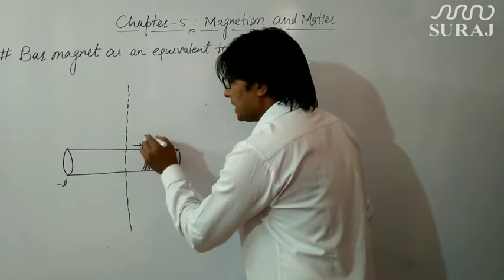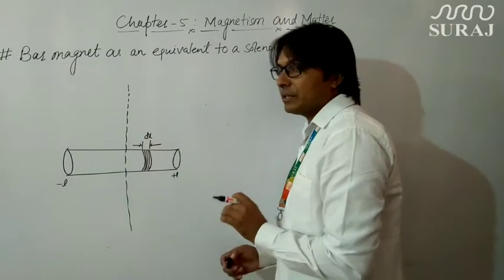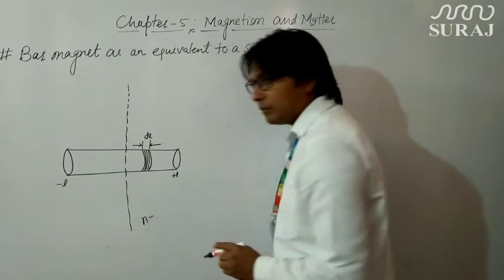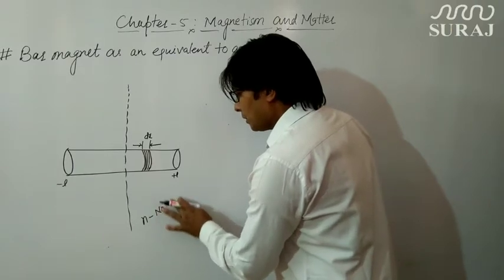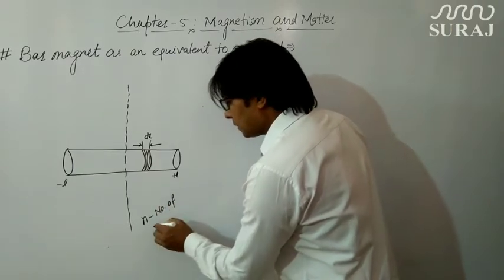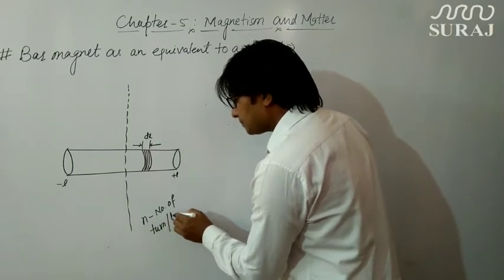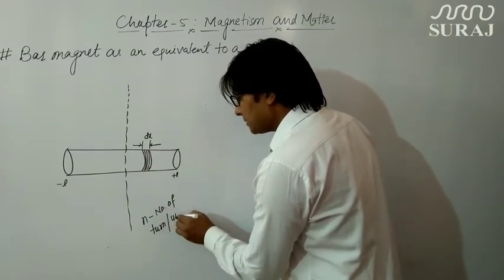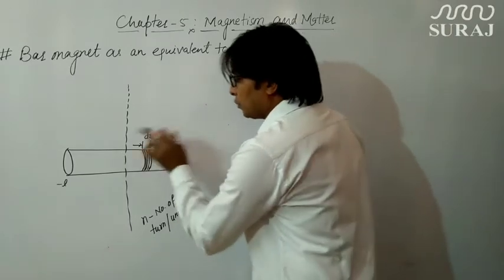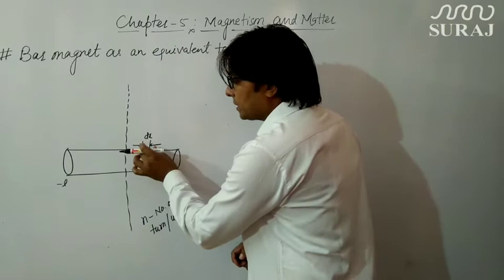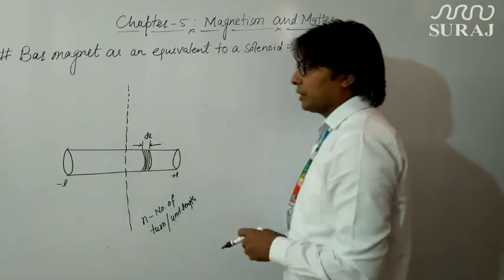This is the differential length dx, and if I multiply this differential length dx with the small n, which is the number of turns per unit length, then definitely it would be the number of turns on this portion of this solenoid.